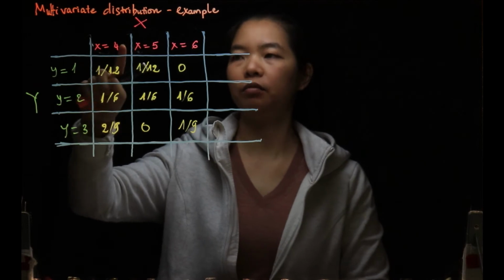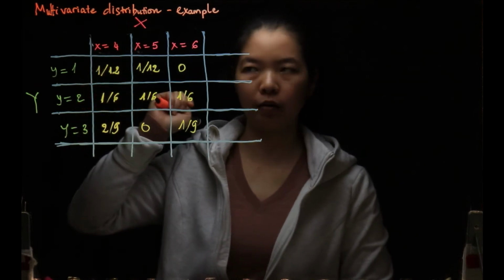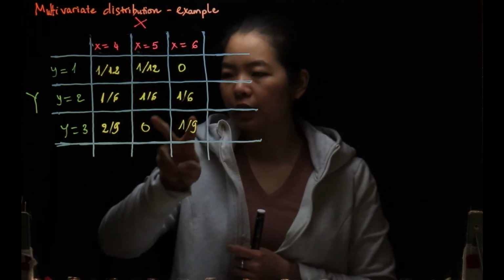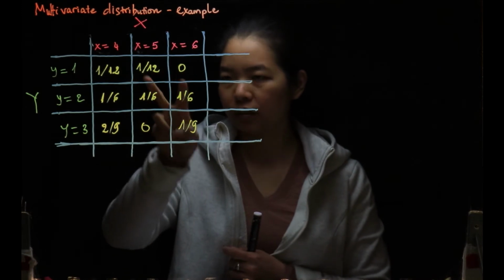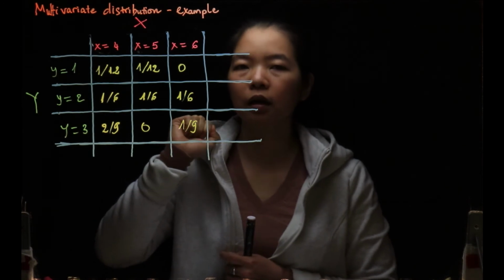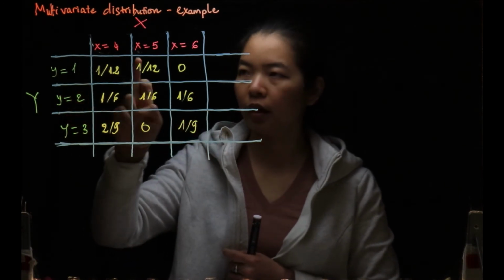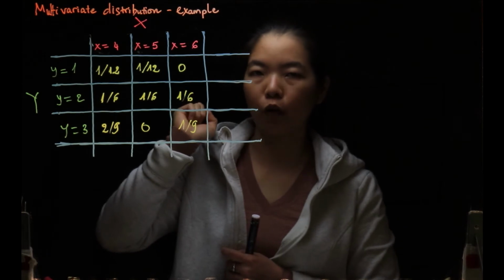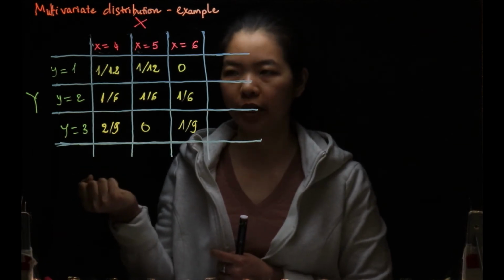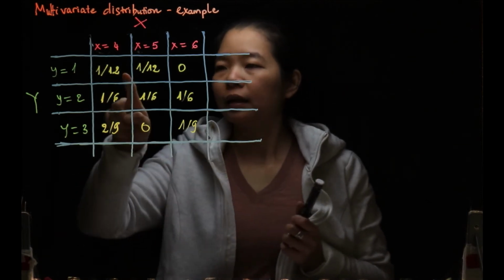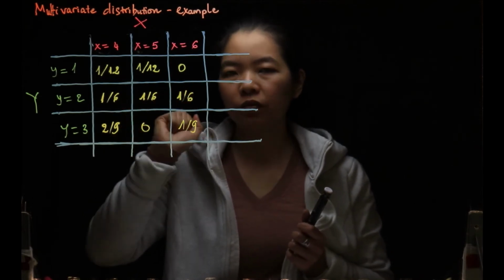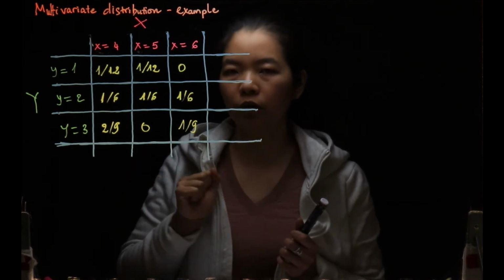Similarly, my random variable x has three possible outcomes, 4, 5, or 6. All right. So let's look at the cells inside where I have some numbers. Each of these cells is a combination of possible outcomes of x and y that may occur or may not occur. We don't know because it's random, right? And these numbers are the probability that each specific combination will occur.